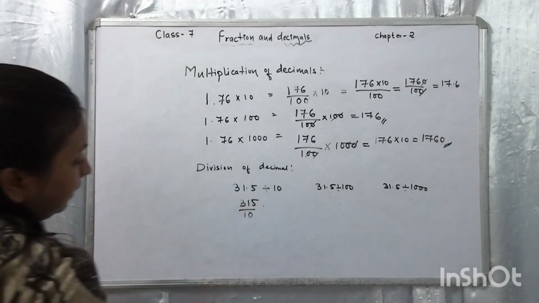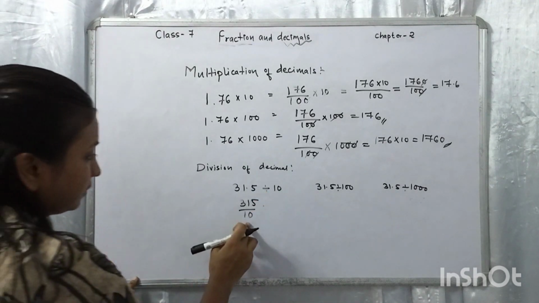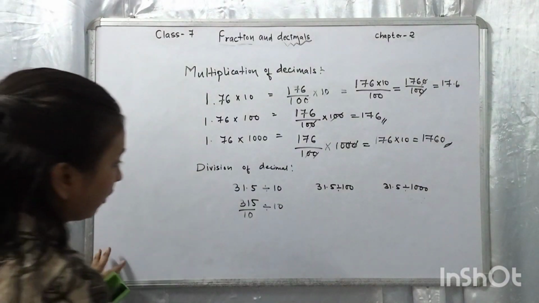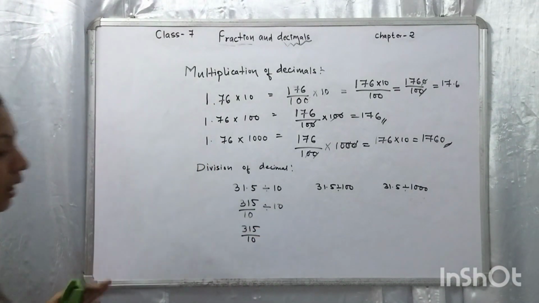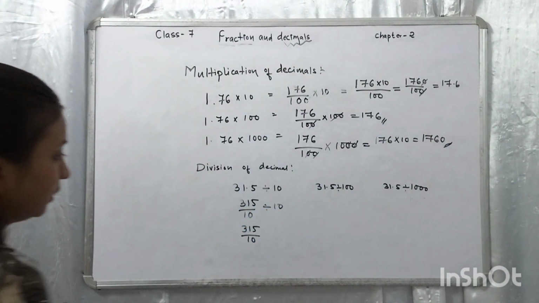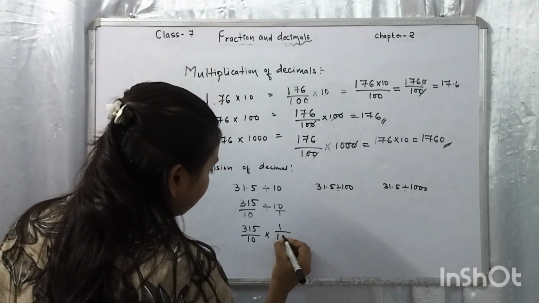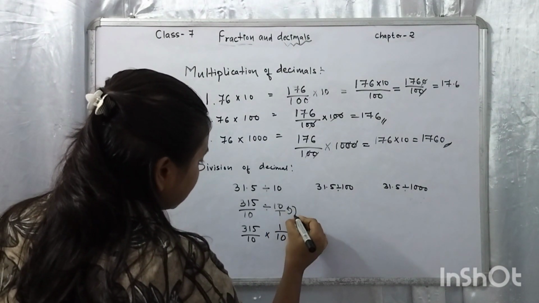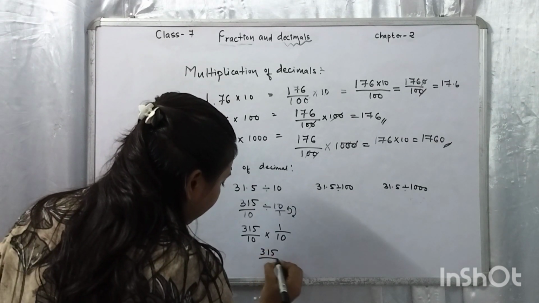Now we have studied division of any fraction. Let me take one more step so that you don't get confused. We studied how to divide a fraction by a whole number. So here, what I have taught you is that you will assume the denominator as 1. Now you will reciprocate the number. So this gets reciprocated, this got reciprocated. So now this is 315 by 100.